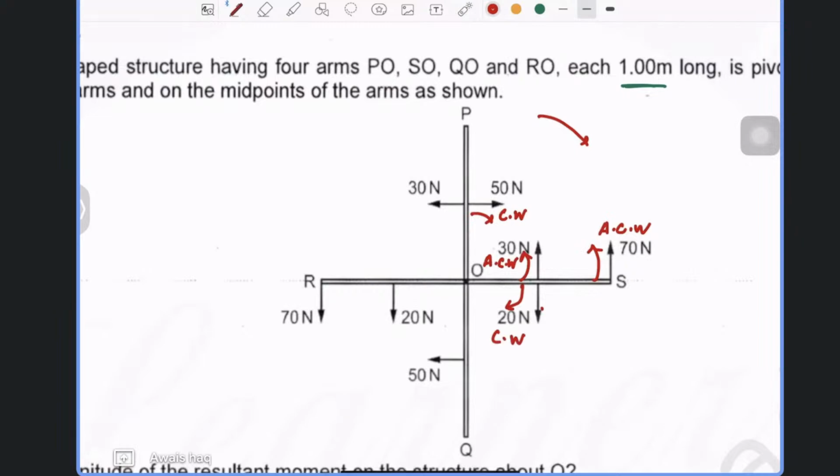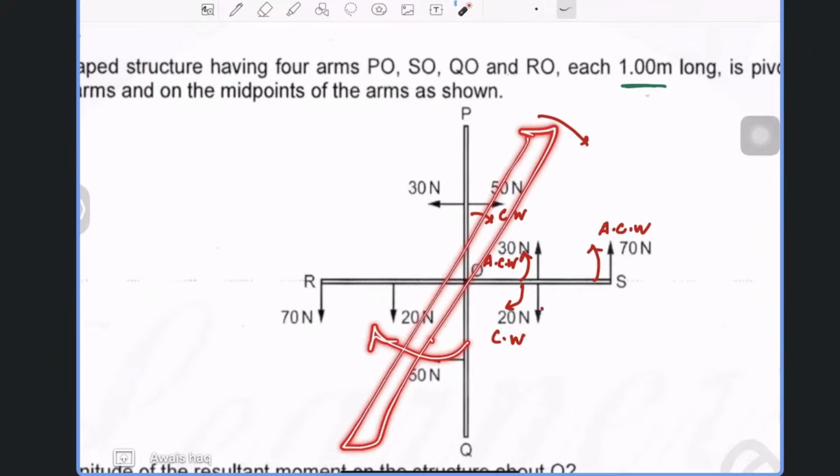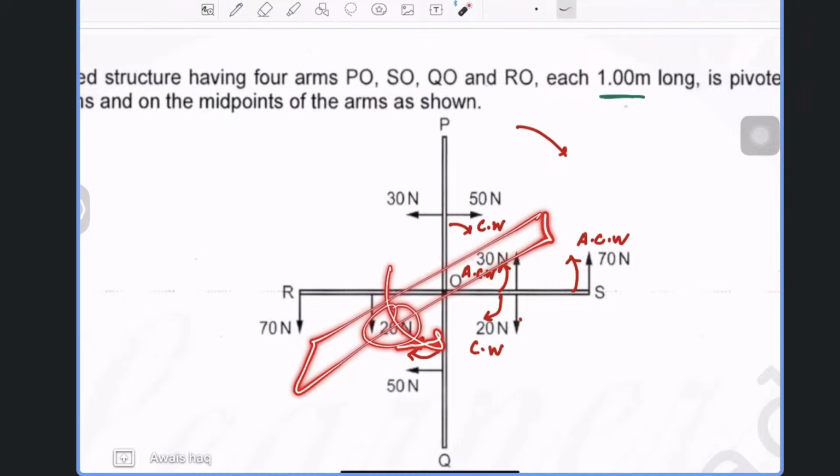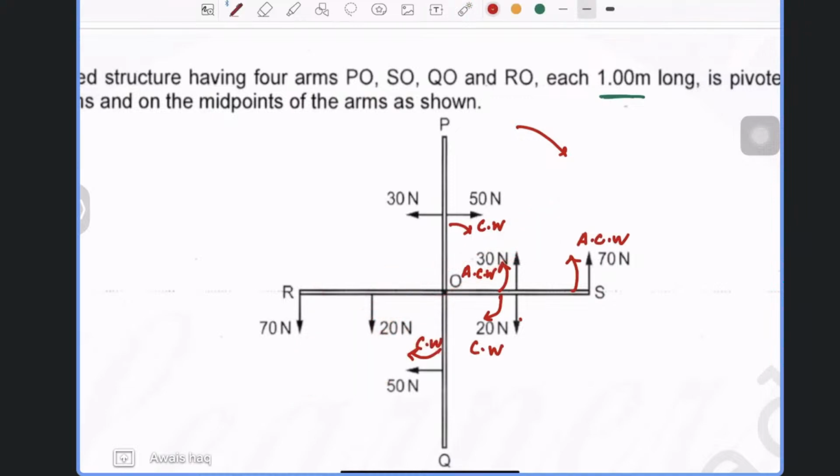This one is pulling it here, so it will cause it to go this way, which means this is clockwise. This one is trying to move it this way, which makes it anti-clockwise. This one also anti-clockwise. All right. So then the last one is this one, and obviously this is against this. This has to be anti-clockwise.